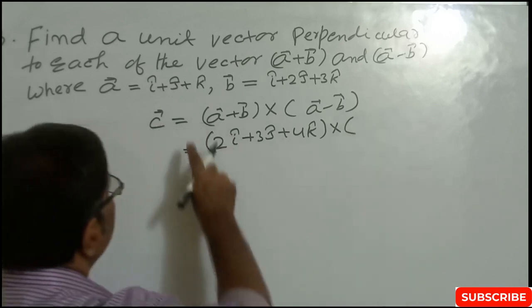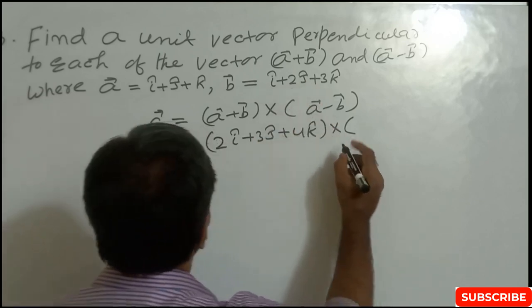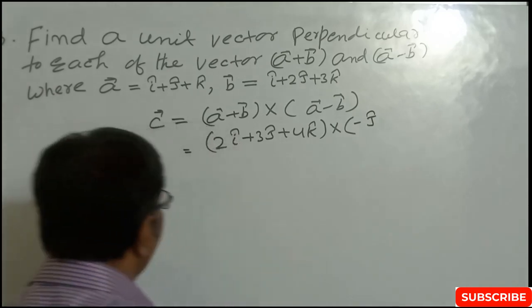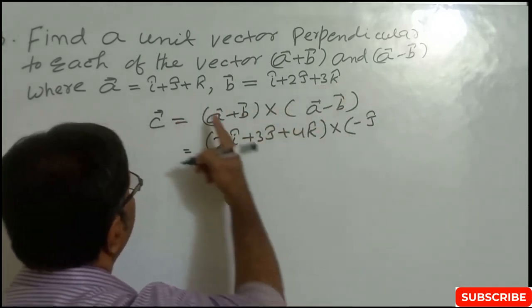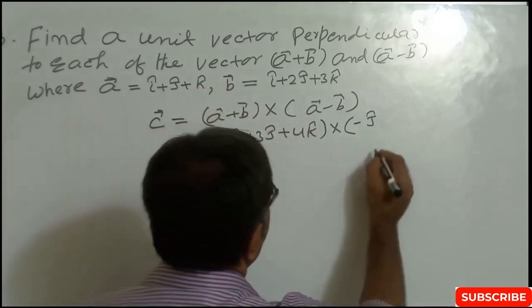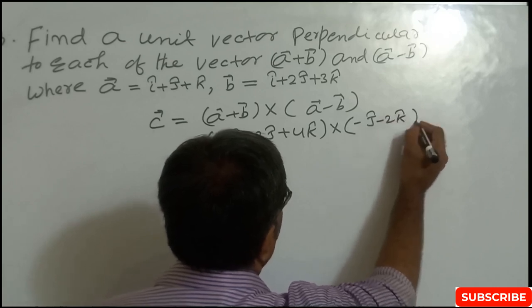So here j unit vector and minus 2j unit vector. So this is what? Minus j unit vector. Again this is unit vector k and this is 3k unit vector. So unit vector k minus 3k unit vector is what? Minus 2k. So this is minus 2k unit vector, right?